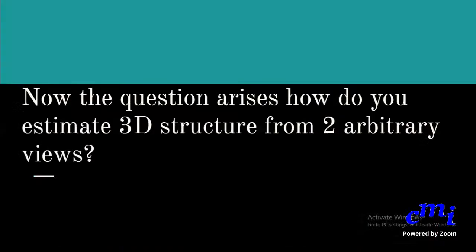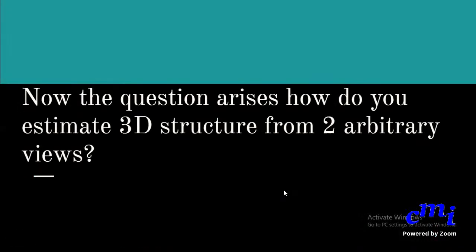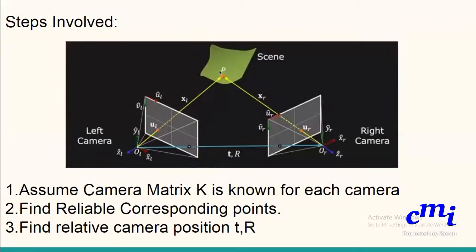Now the question is, how do you estimate the 3D structure from two arbitrary views? Before, you knew the baseline, that the second camera is displaced by distance d in the x direction. Now you don't know that. So what are the steps involved?